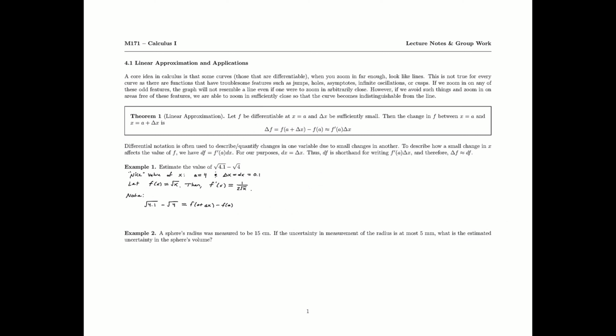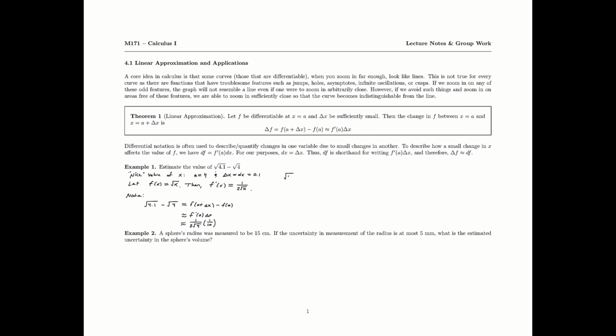So effectively what we've just done is we know what this is. So now we can say that this is approximately equal to the derivative at our a value times our change in x, delta x. So we'll say that this is approximately equal to f prime of a times delta x. Well, what is that? F prime of a is 1 over 2 square root of 4 times our 1/10, which I'll just write as a fraction.